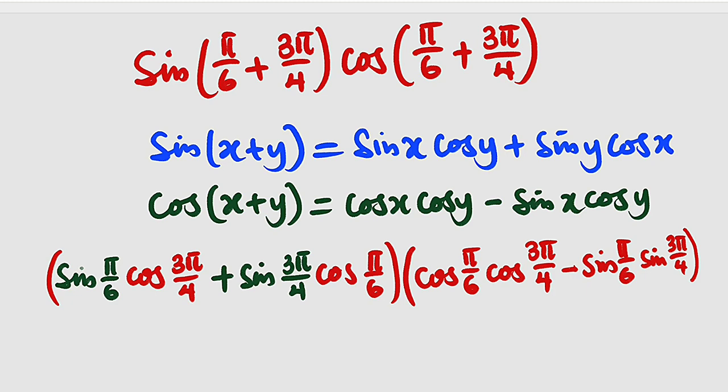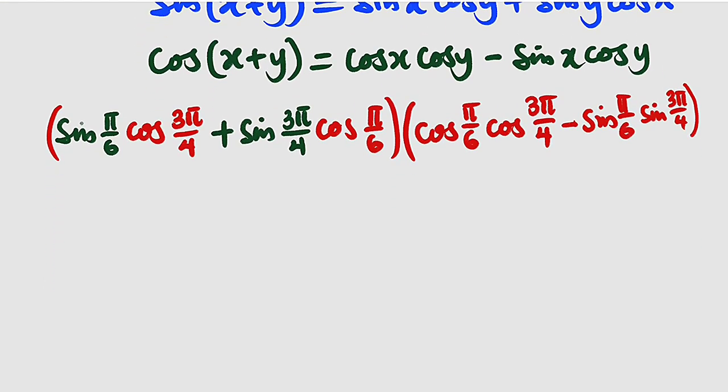Let's start by finding sine of pi divided by 6. Sine of pi divided by 6, remember it is equal to 1 divided by 2. So we have 1 divided by 2 multiplied by cosine of 3 pi divided by 4, which is equivalent to negative root 2 divided by 2.